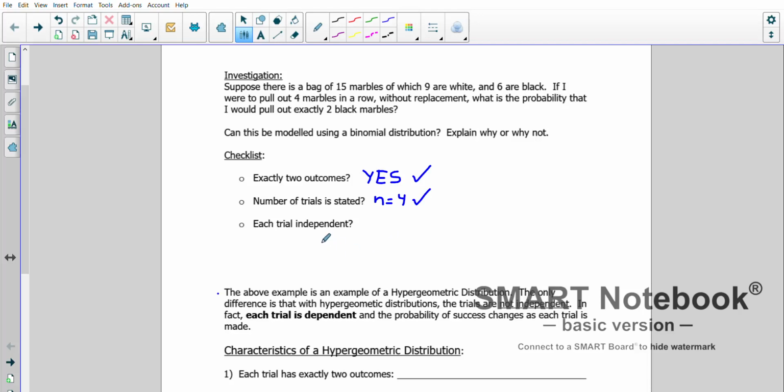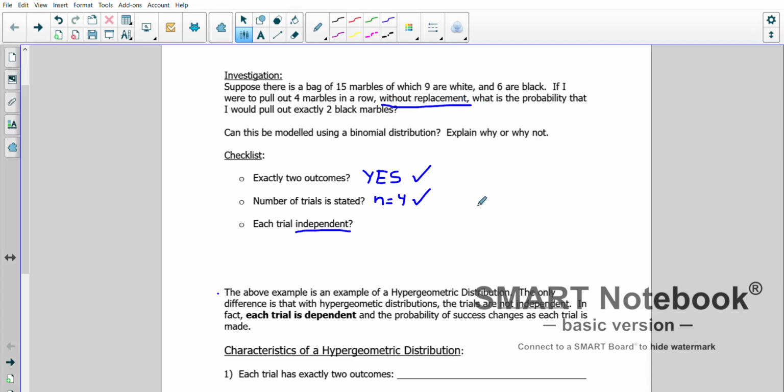Now, is each trial independent? Because for a binomial distribution, each trial had to be independent, meaning those probabilities did not change. That's why you were able to define p for a probability of success and q, the probability of a failure. So are these trials independent? If you read the question carefully, it says without replacement, which means you're not putting the marble back in the bag.